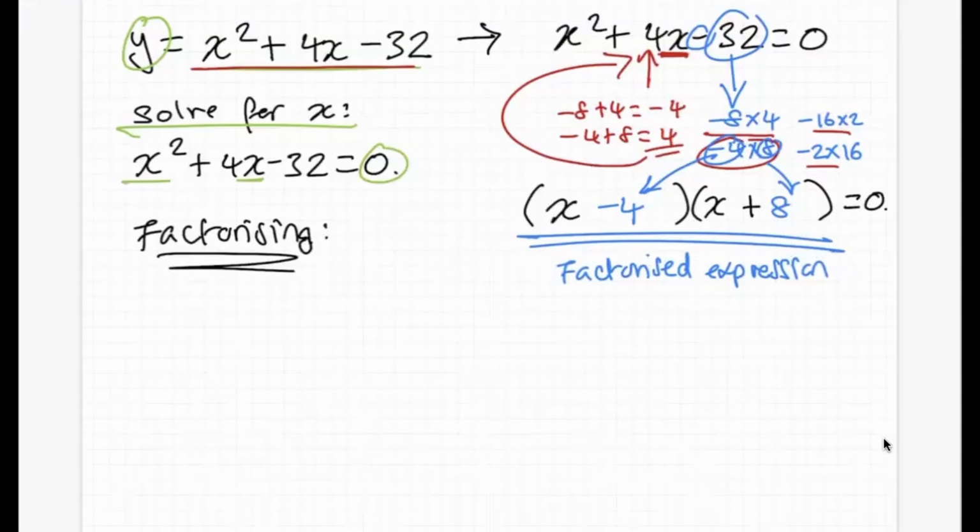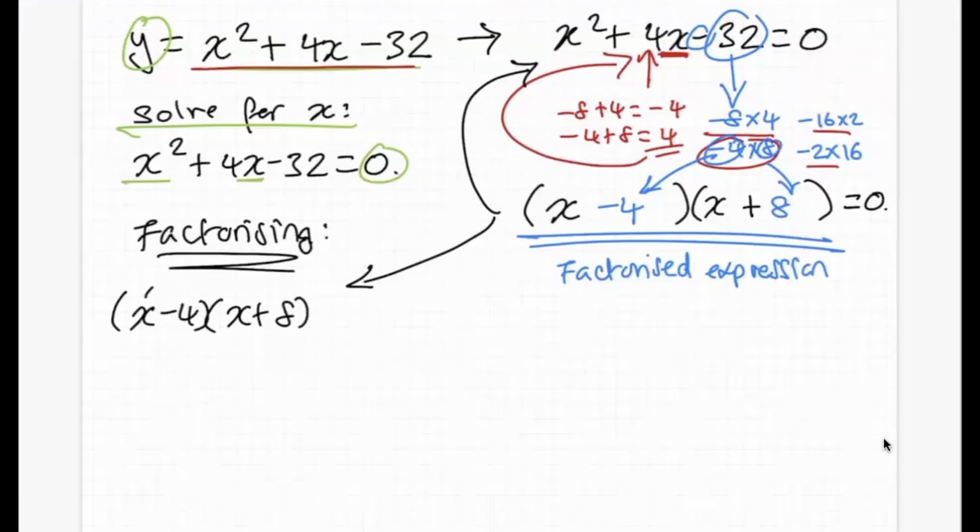Now I can prove that when you expand the brackets, this gives rise to our original equation. So if we had x minus 4 times x plus 8, let's just expand and prove it here. When we expand the brackets, we're going to get x squared plus 8x minus 4x minus 32.